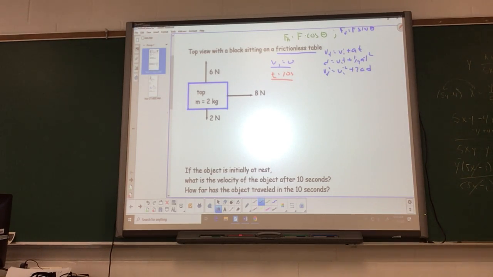We know initial velocity is 0. But I want to find my final velocity, which means I need to calculate acceleration. The way we calculate acceleration is force equals mass times acceleration, so acceleration is force divided by mass. We have a 2 kilogram mass. So what we need to determine is, what is our net force here?